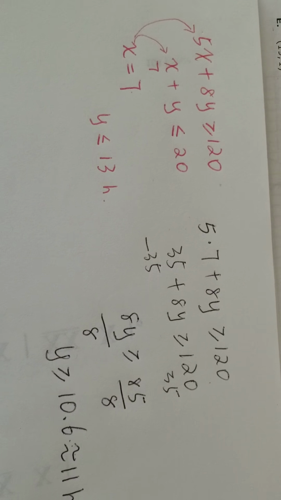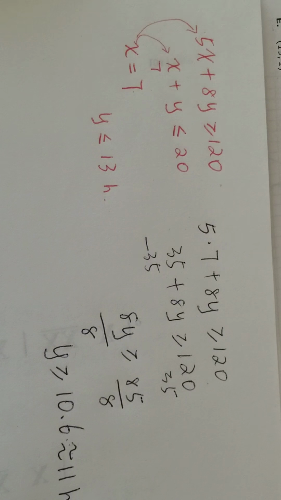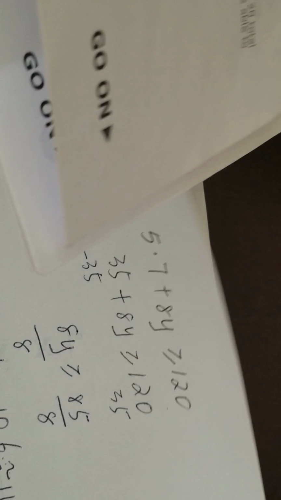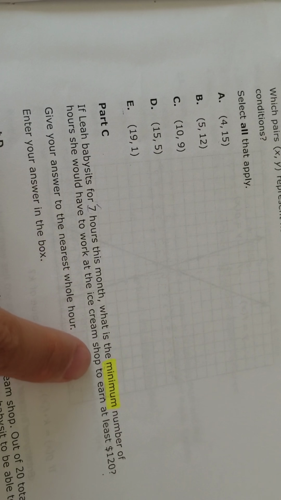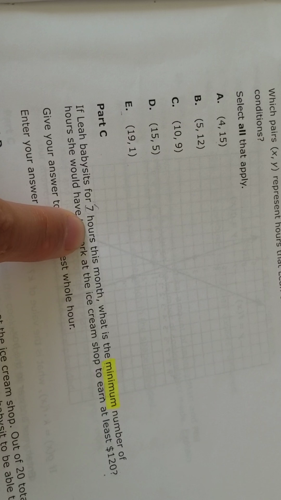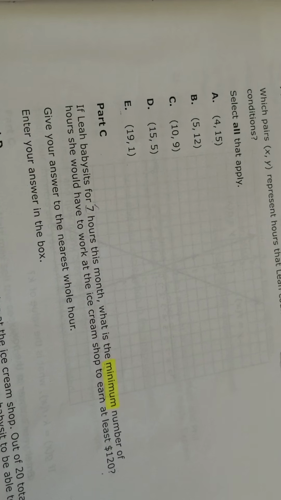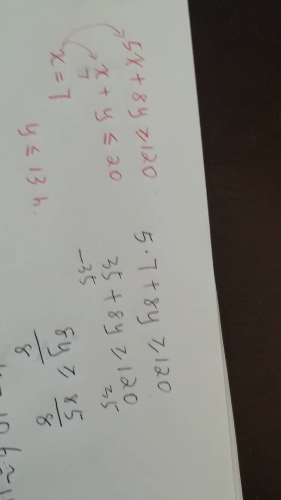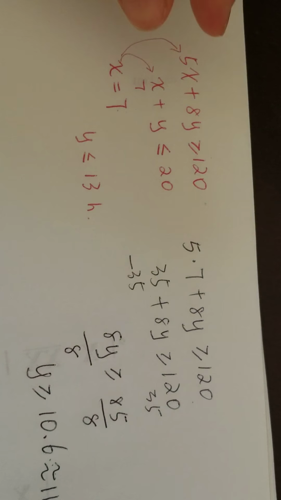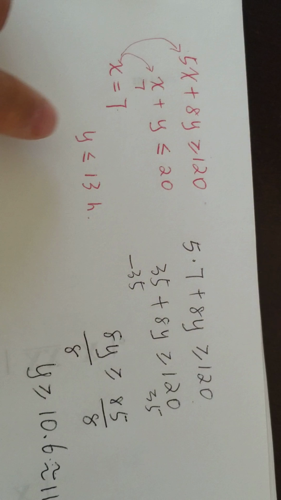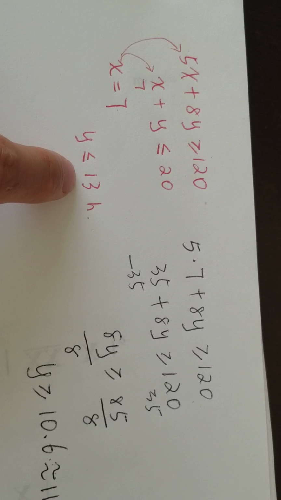Okay, let me do a quick summary for part C. Leah babysits 7 hours, which means x equals 7. You need to substitute x equals 7 into both inequalities. From the second one, we got y, the maximum number, which is 13.